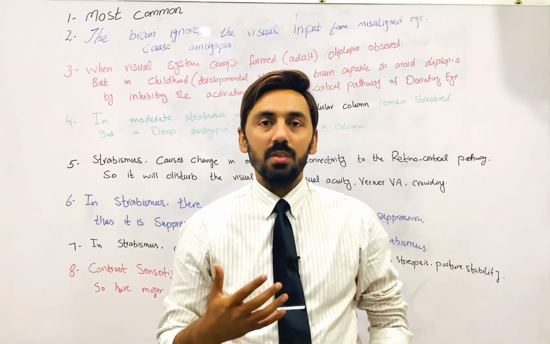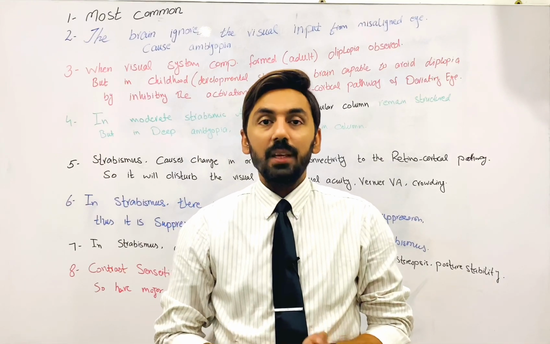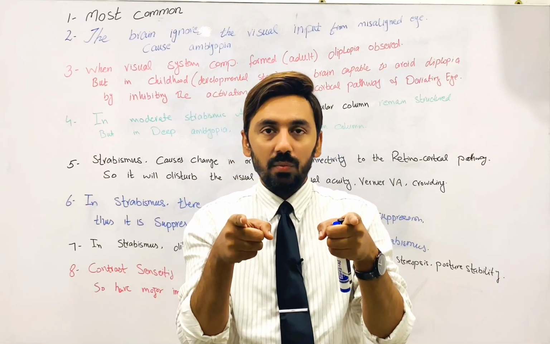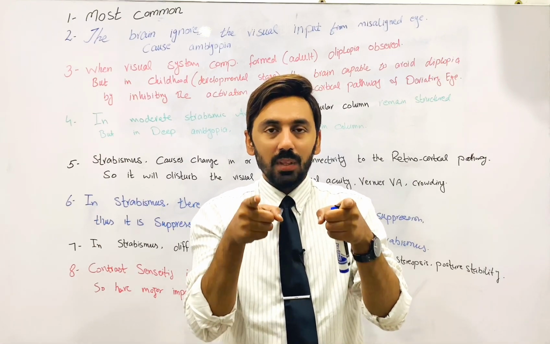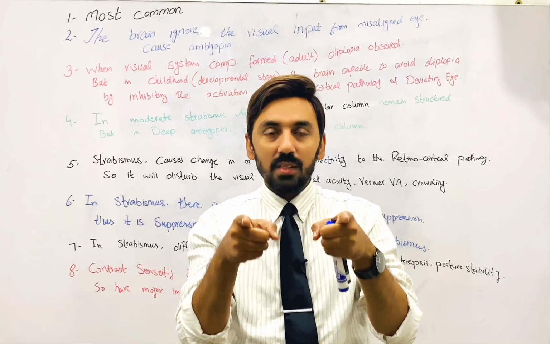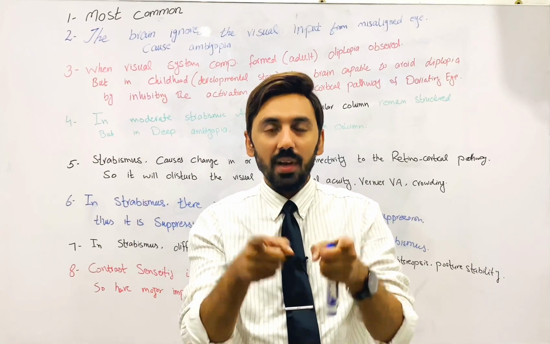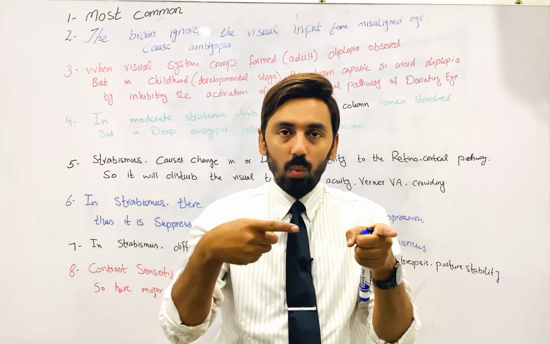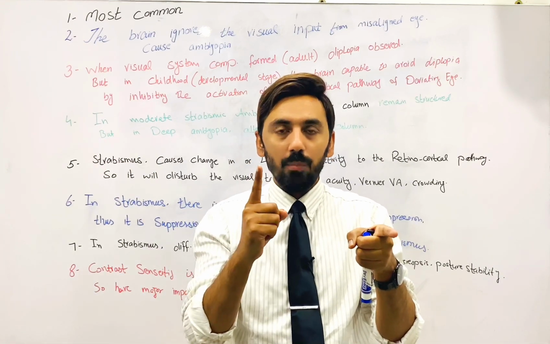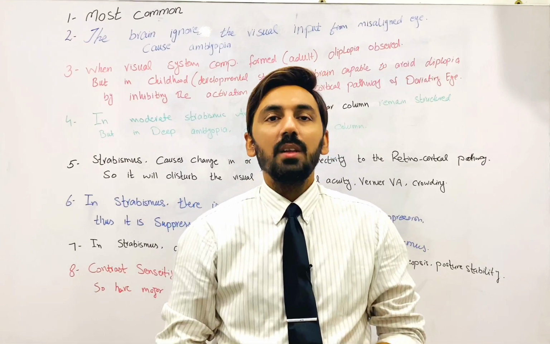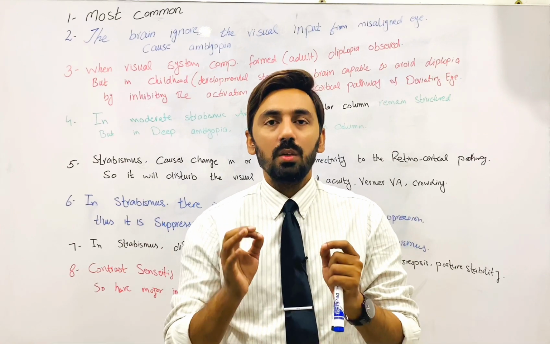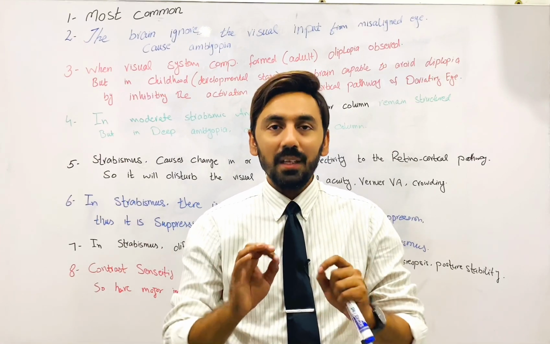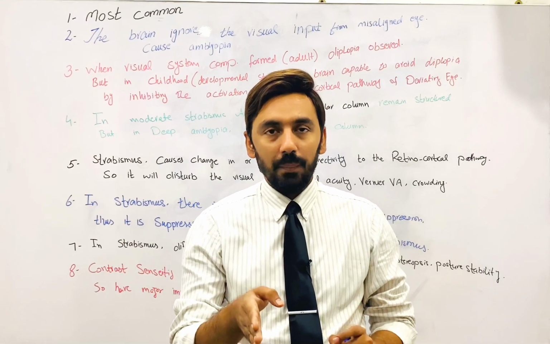But the brain controls two eyes well when the eyes are straight ahead, when the eyes are aligned, when the eyes are in primary position, right? But if one eye is not aligned, like it is going inward, outward, upward, or downward, then the brain will ignore that eye. The brain will not give any stimulus to that eye, right?